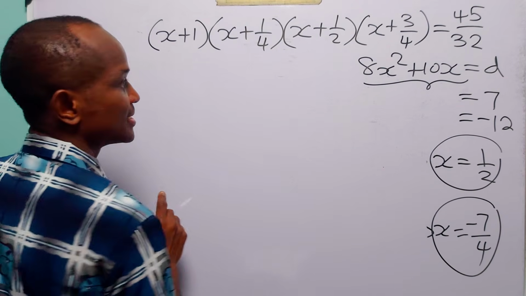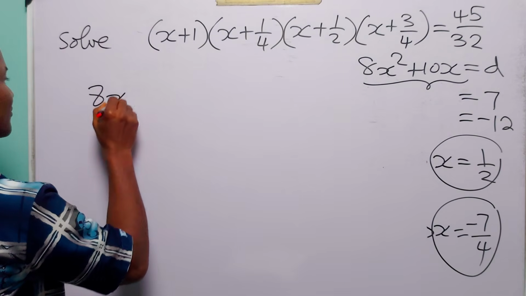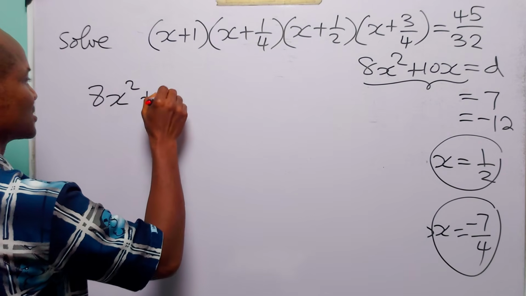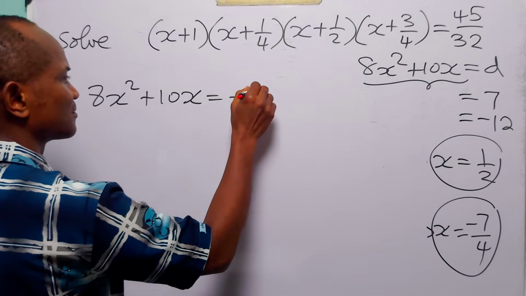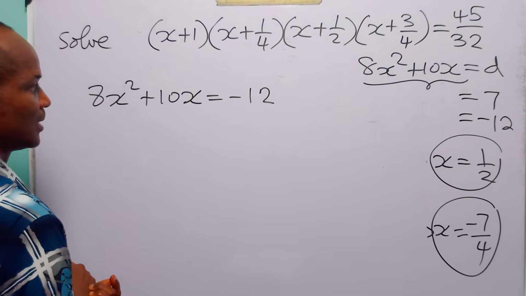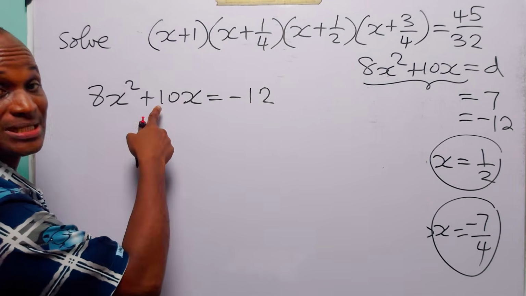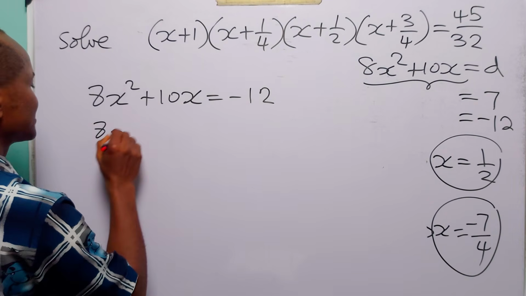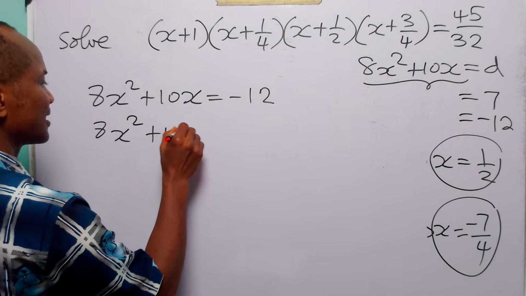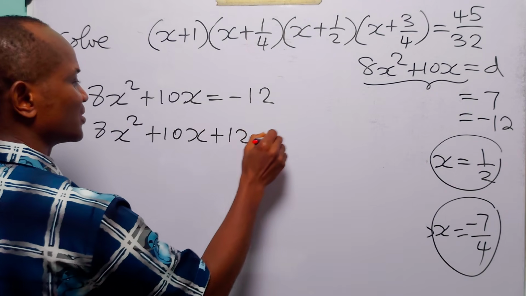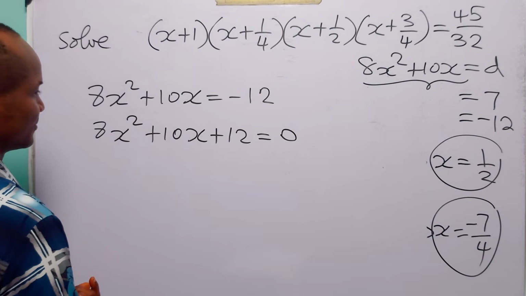Now, in the second case, we have that 8x squared plus 10x is equal to minus 12. Now, adding 12 to both sides of this equation, we have that 8x squared plus 10x plus 12 is equal to 0.